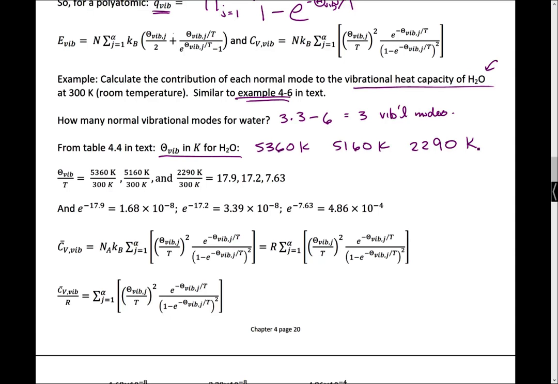Okay? All right, so my question for you is, these each represent independent harmonic oscillators, right? Which one of these is going to have the lowest fundamental frequency? It's going to be the third one, right?